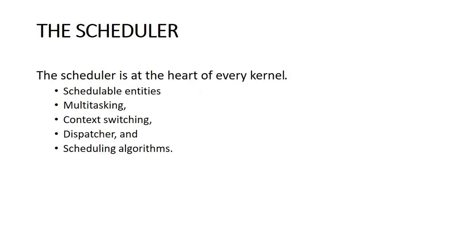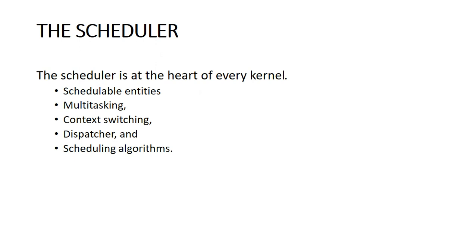Fine. So what is meant by a scheduler? The scheduler is at the heart of every kernel. I already said a kernel is a superior software that manages all the things. So inside a kernel you have the scheduler. The scheduler is at the heart of every kernel.